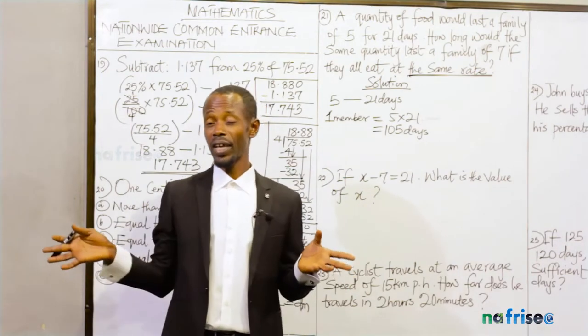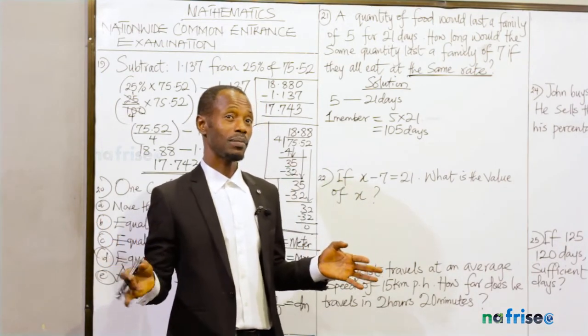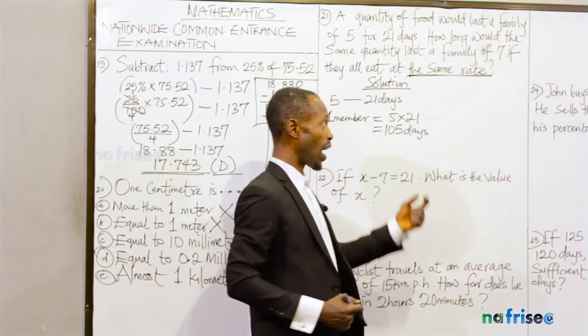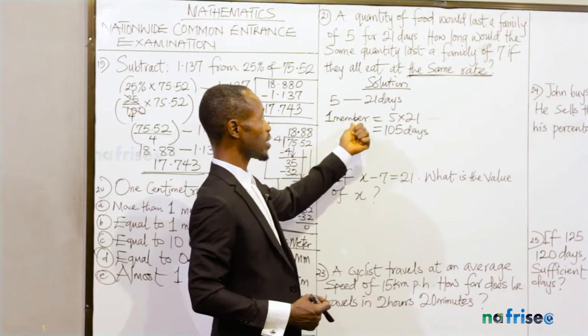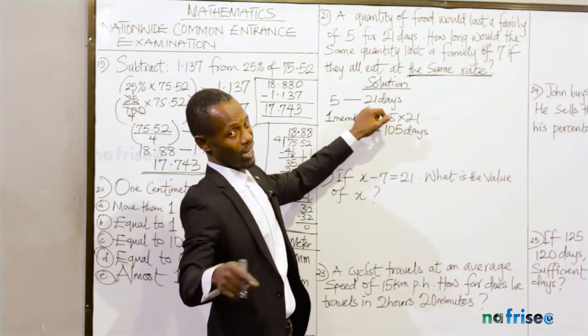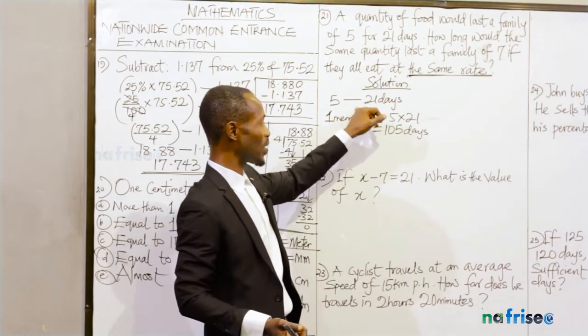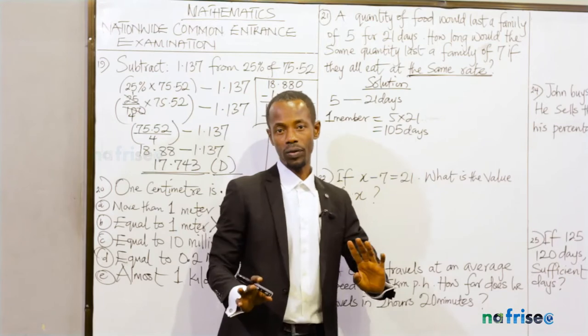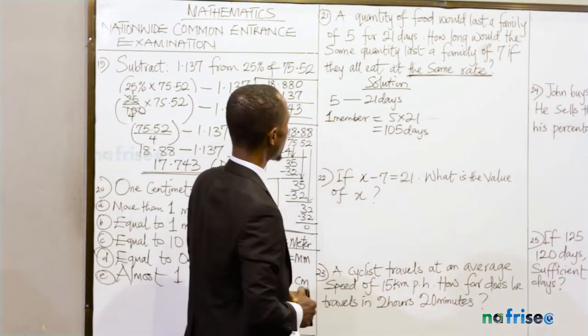If your friend has the same size as the others, big, hefty, hungry-looking guys too. 5 hungry-looking guys eat a particular quantity of food in 21 days. Then you bring one other hefty guy, and he has to go approximately 105 days for that food to elapse. Now here, they ask us.